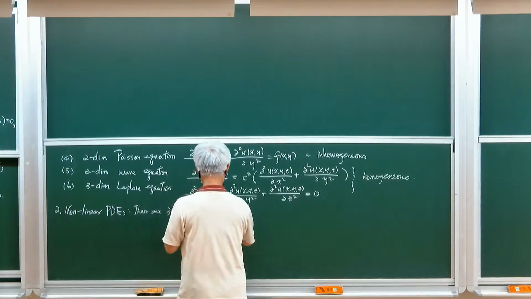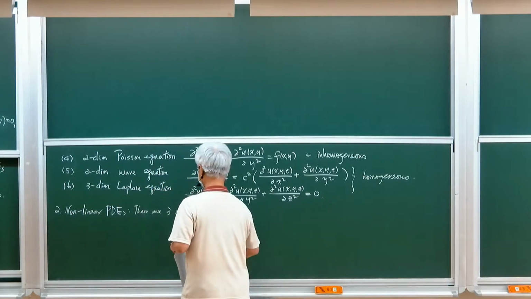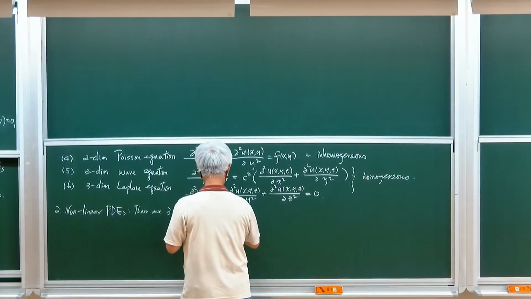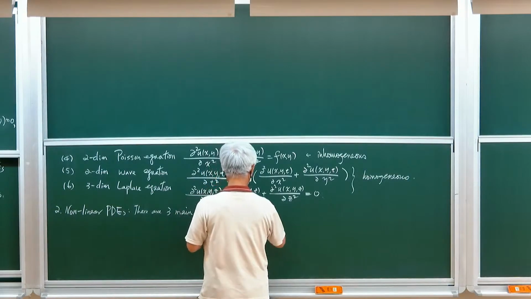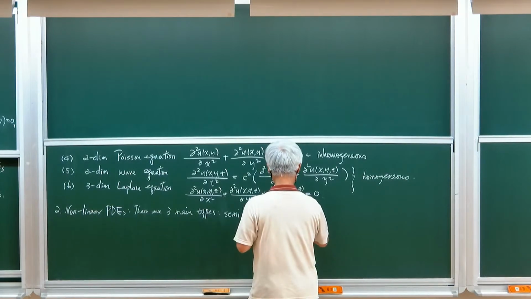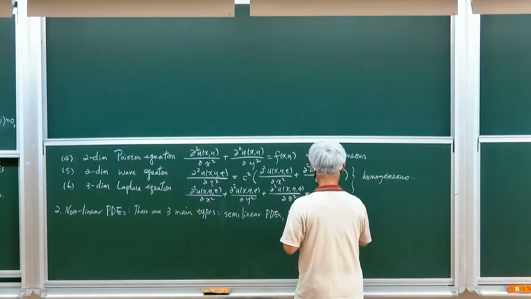One is called semi-linear PDEs. The second one is quasi-linear PDEs.